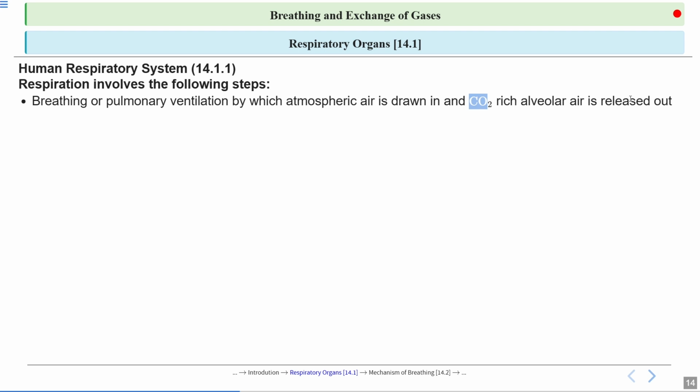This is inspiration and expiration. During inspiration, or inhalation, atmospheric air is drawn into the lungs, and the carbon dioxide present in the alveoli is released out. This process is known as exhalation.